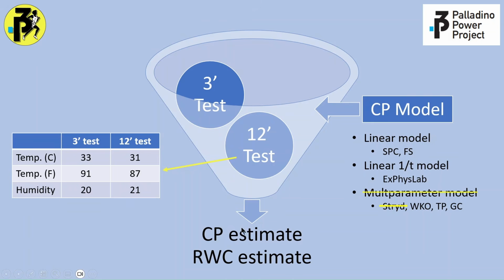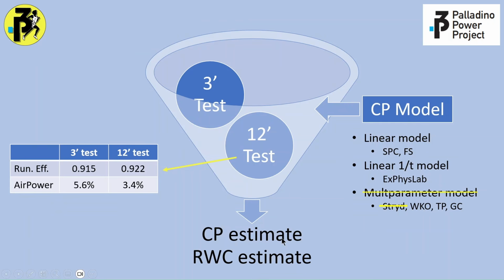Then you're getting not only the CP estimate, reserve work capacity estimate, individualized interval power targets, your power at VO2 max, but you're getting the baseline environmental conditions for that set of estimates. So another bigger, deeper dive.